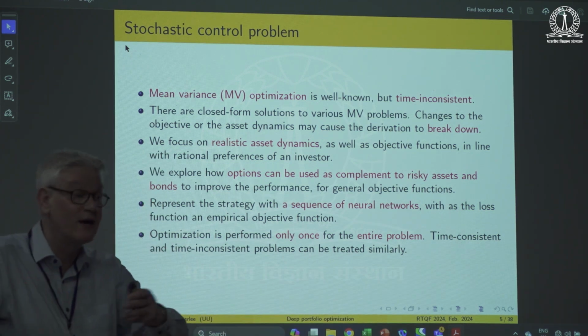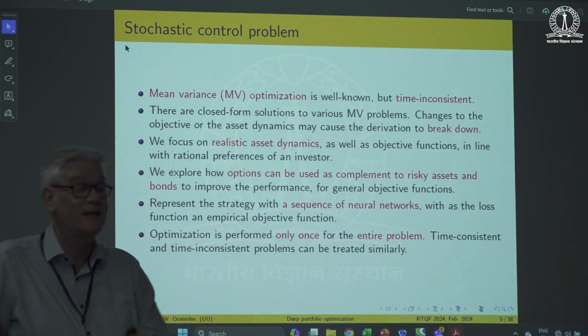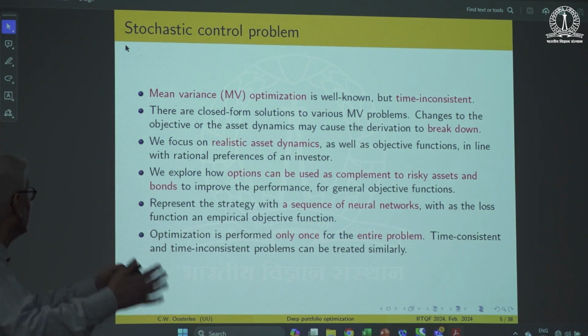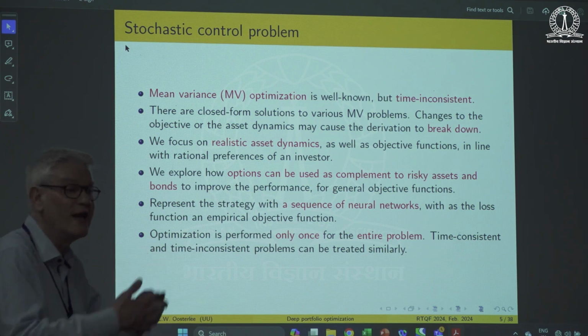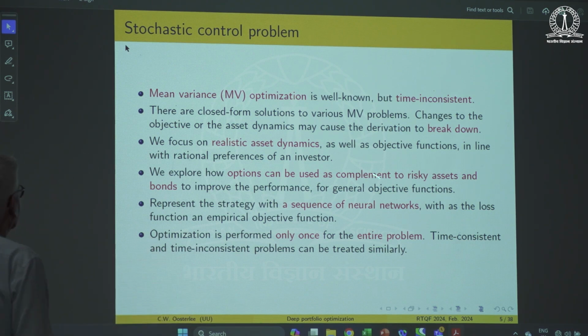So all the features that have appeared in these last 100 years would enter the learning of the asset returns by means of a bootstrapping mechanism. So we look at a bit more realistic stock dynamics that include jumps.